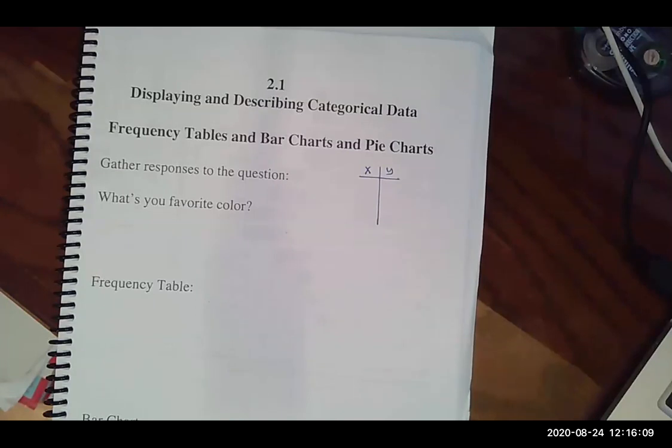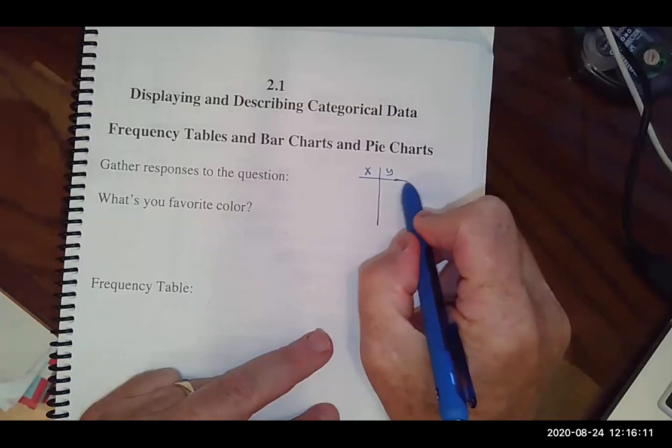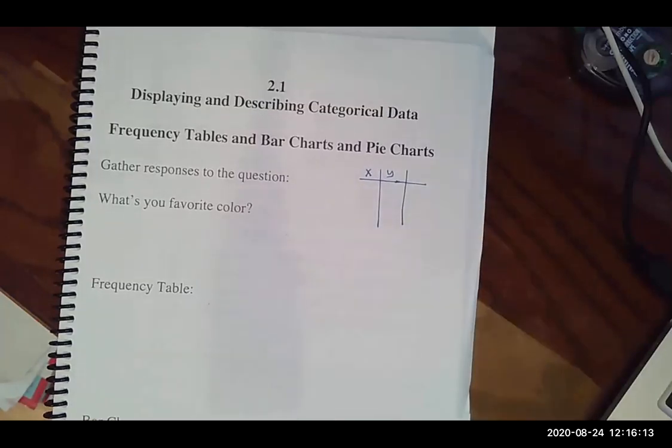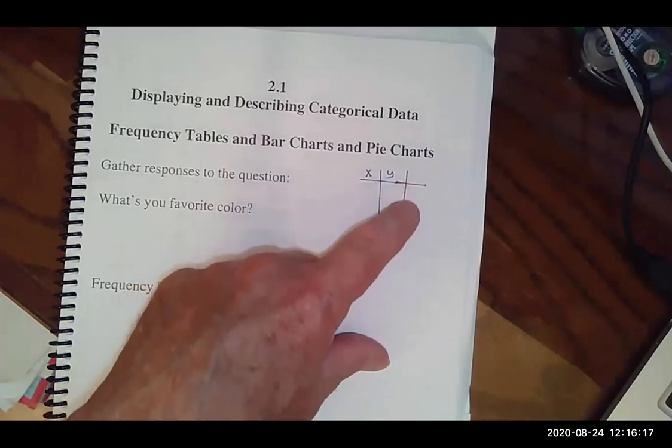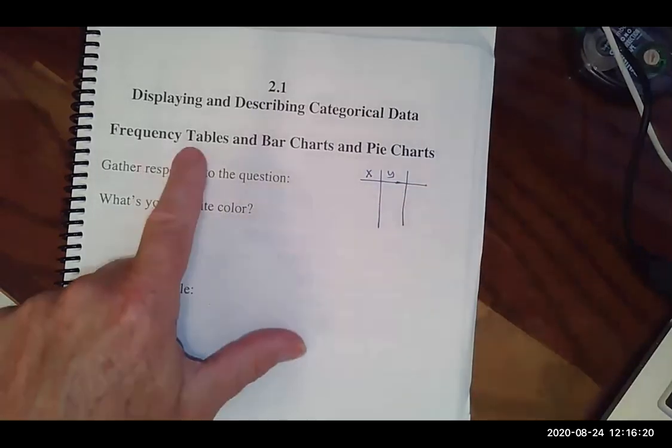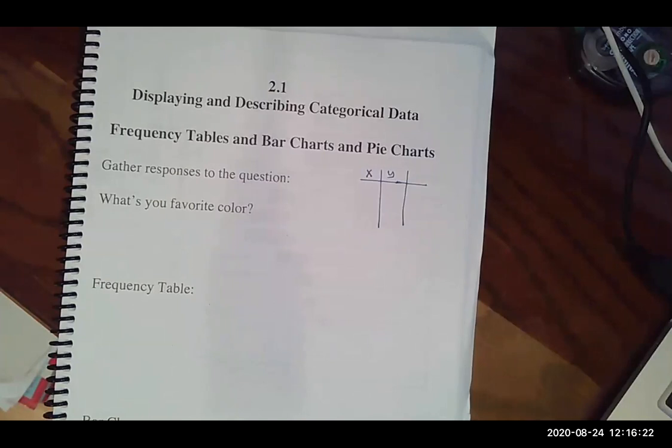There might be another one over here for us. And there'll be information down here and some results. So frequency tables, there's something else called a relative frequency table. So that means I have to define relative frequency for you, which I will. And yeah, so we'll do that in 2.1.